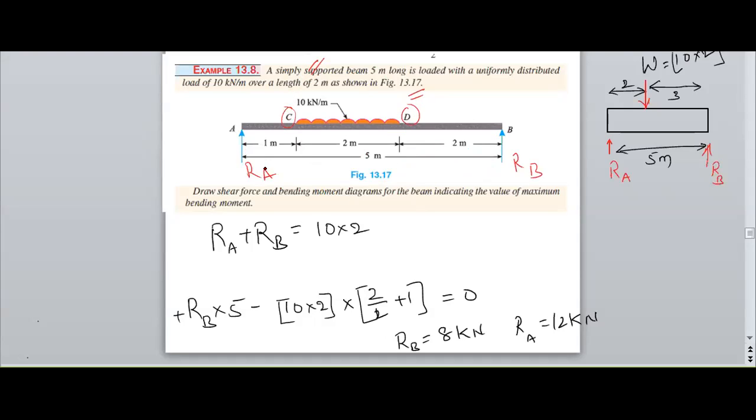Now I need to find out the two unknowns RA and RB initially, to draw the bending moment diagram and shear force diagram.